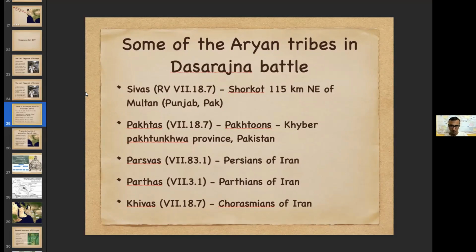The Parthas are the Parthians of Iran, and the Kivas are the Khorasmians of Iran. Other groups like the Chinas and the Sinhala people are mentioned in the Mahabharata. So many of these groups of people in ancient times find their reference in the Mahabharata, the Vedas, or the ancient Indian texts.